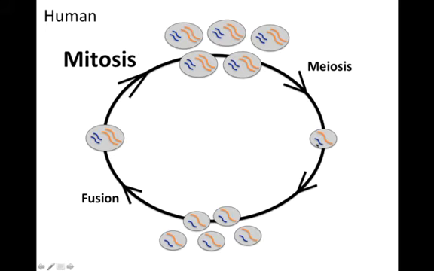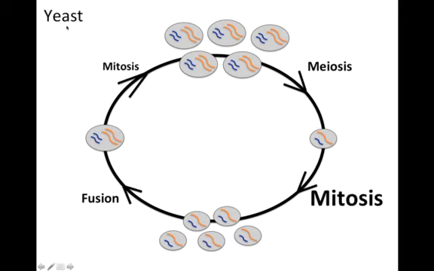And remember, we learned that haploid cells do not undergo mitosis. So in that case, we would say that there's no mitosis in this stage. So on our general diagram, we can depict our specific life cycle of humans in this way. A lot of mitosis, and then meiosis, no haploid mitosis, fusion of egg and sperm, and back to diploid.